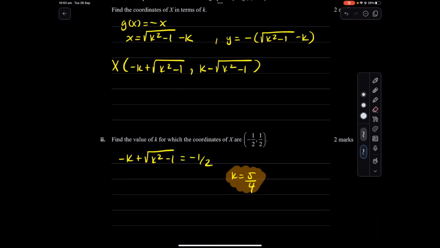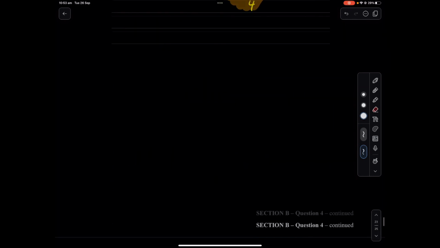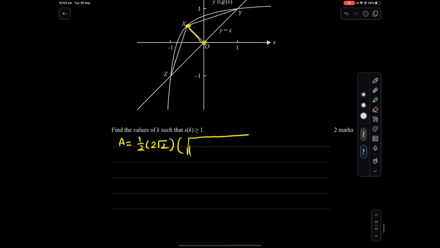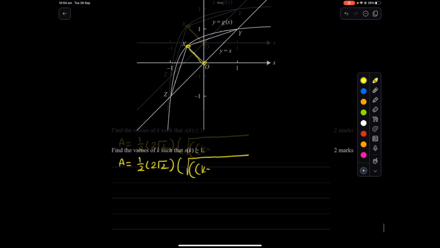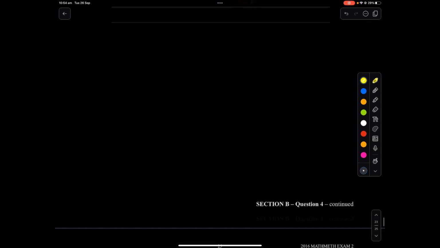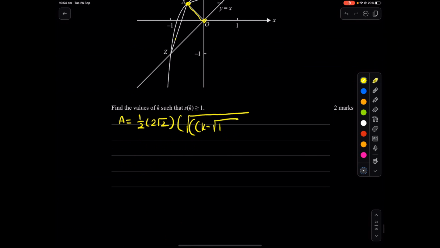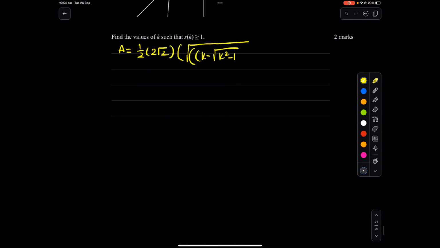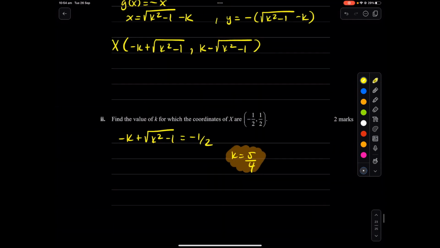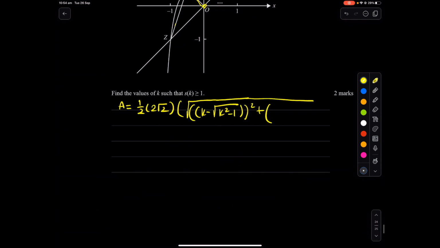So k minus root k squared minus 1, all squared, plus negative k plus root k squared minus 1, all squared.